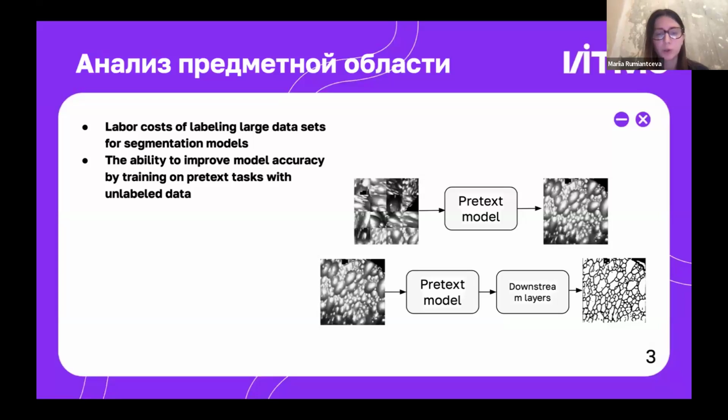We first use a large amount of unlabeled data from video flotation to train the network on pretext tasks, like a puzzle in this picture. Then we transfer this network into the final one, or simply add new layers at the end, which allow us to solve the main segmentation problem. This approach allows us to increase the accuracy of models when we have a lot of unlabeled data but little labeled data.